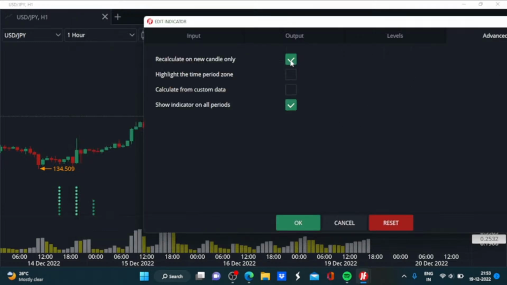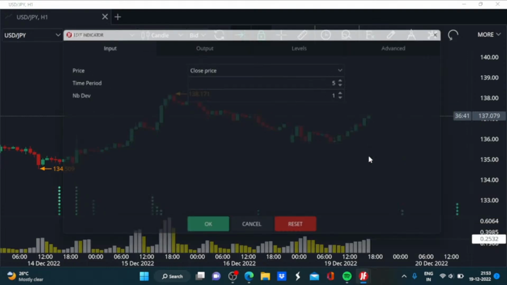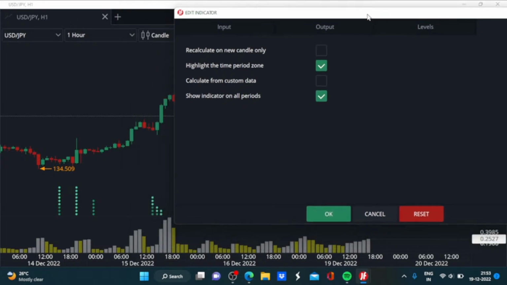Now if you want the stability, and if you want the output of the current candle to remain constant throughout the calculation period, you can opt in for the first option, or else you can always define it differently. Highlight the time period zone, whatever your time period under calculation is, you can highlight it.